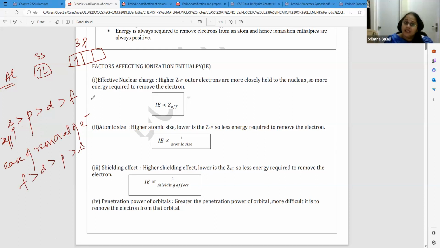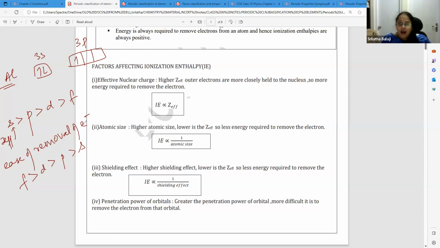Z effective order is SPDF in decreasing order. Then ease of removal will be what? F electron is more easily removed than D electron, than P electron, than S electron. Did you get this relation now? Is that clear to everyone?